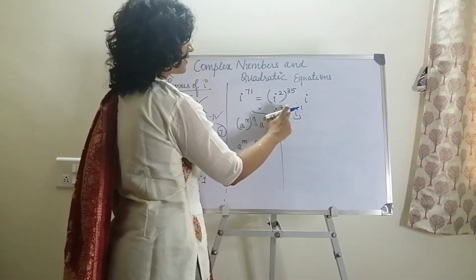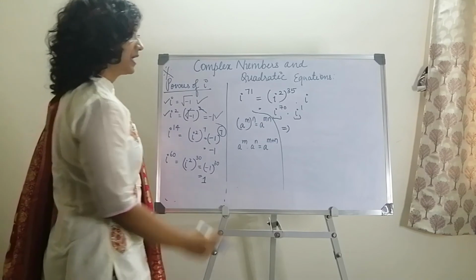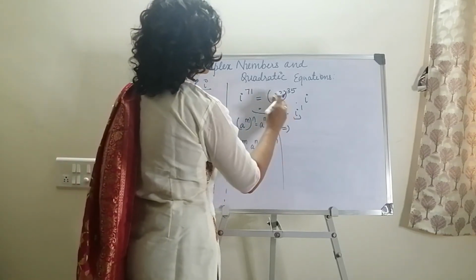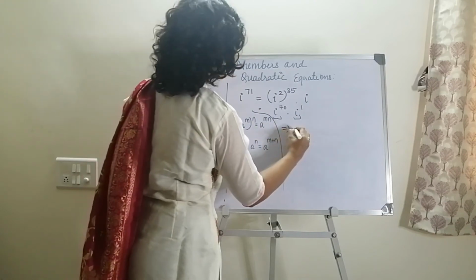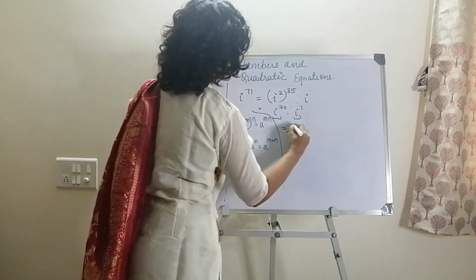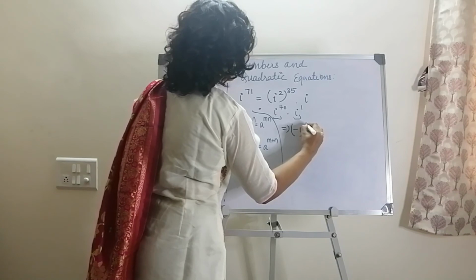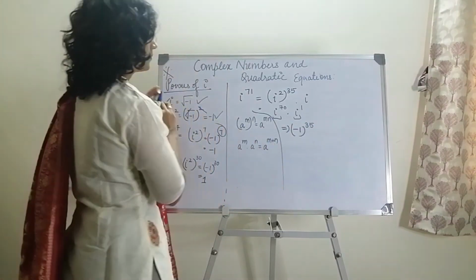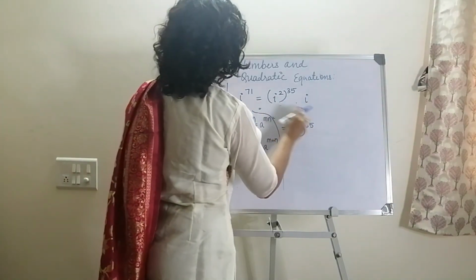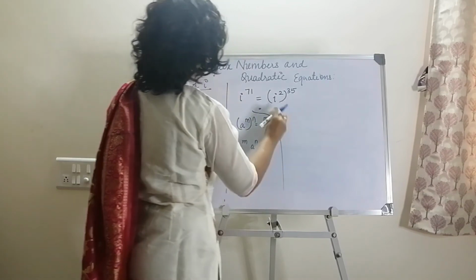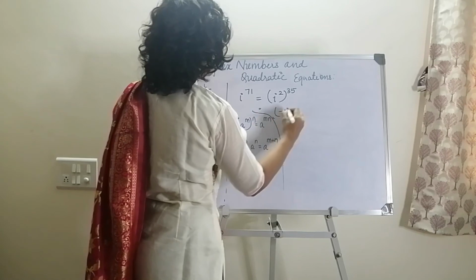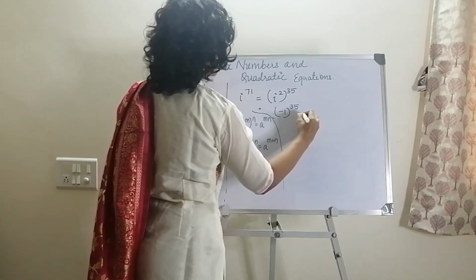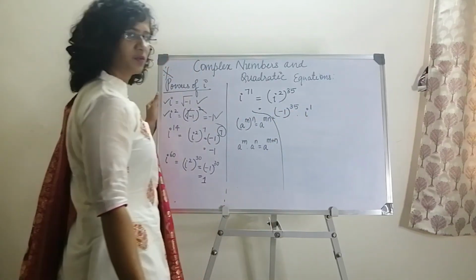Correct? So therefore, the value of this, i to the power 70. So what do you mean by i to the power 70? I square whole to the power 35, so this is nothing but minus 1 whole to the power 35. Or in other case, if you are finding this difficult, I will just write this as minus 1 whole to the power 35 into i to the power 1.